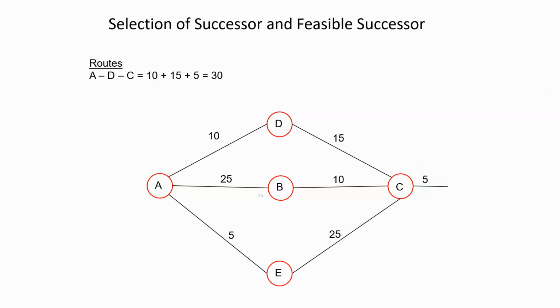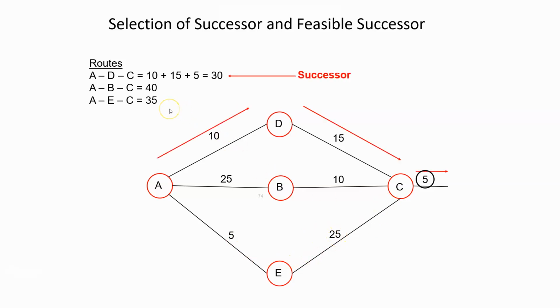Well, we're going to a device back here, so we've got to take this part of it into consideration. So we have a total feasible distance of 30 that we would have for it. A to B to C is going to be 25, 35 will be 40, and then A to E to C is going to be 5, 35.